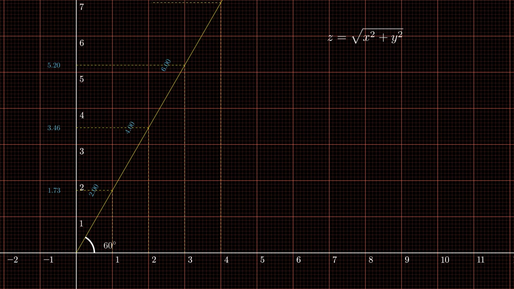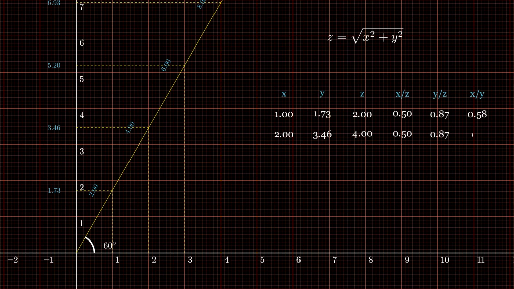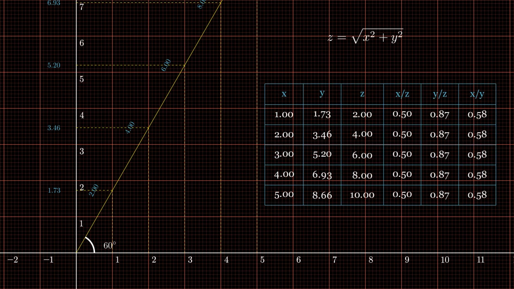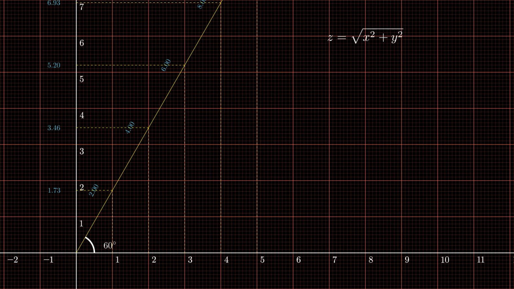Let me repeat this exercise for the 60-degree line. Here also you can notice that the value of x divided by z, the value of y divided by z, and the value of x divided by y remain the same for all the values of x.